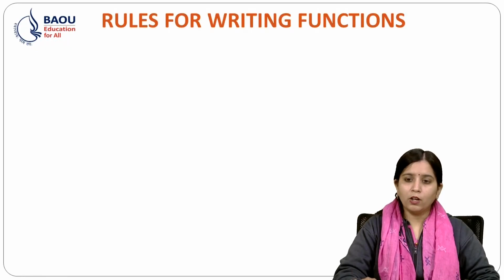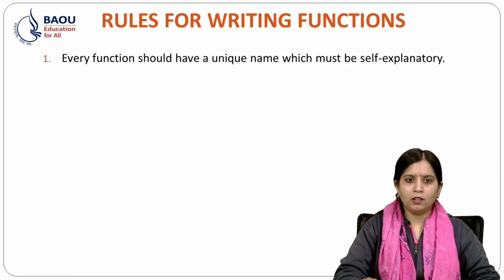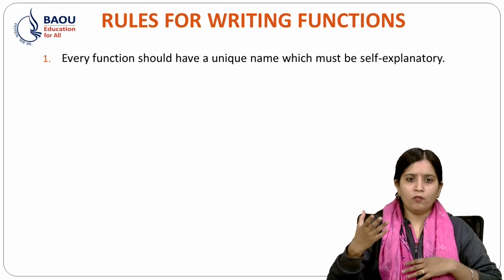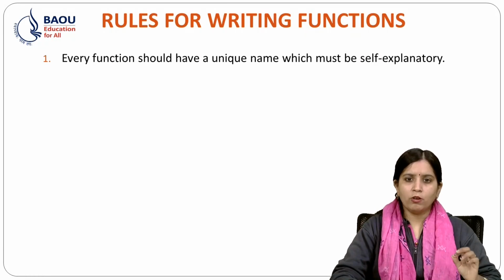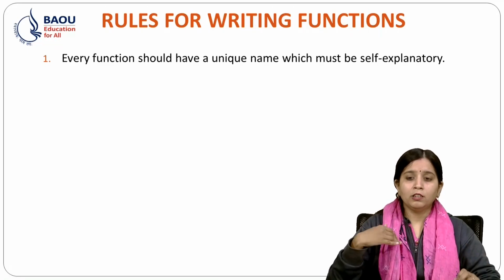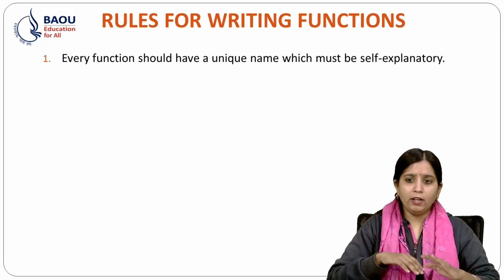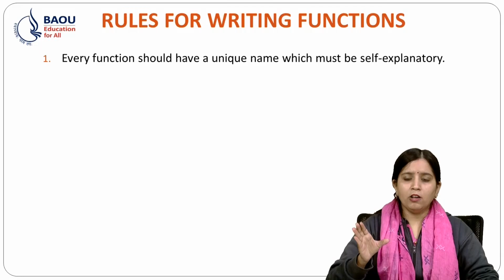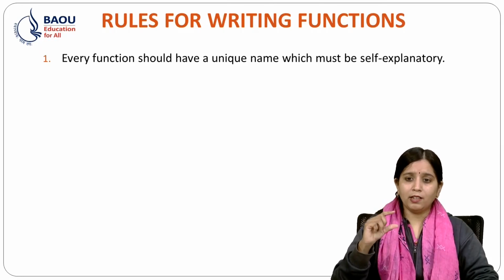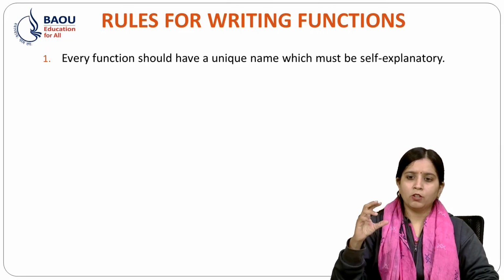So what are the rules of writing a function? There are some semantics we have to follow while writing our functions. Every function should have a unique name which must be self-explanatory. For example, add. So whenever some other person tries to edit your program, he or she will get to know that this is the addition of some variables.